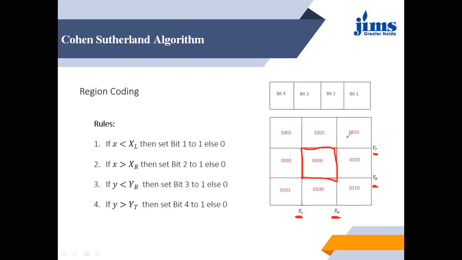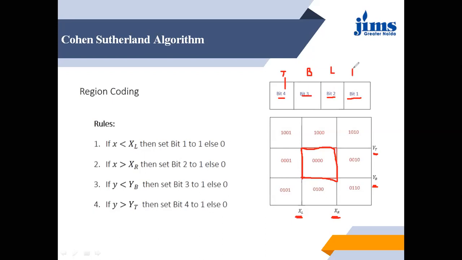We have to find out the codes of the other regions, these different regions. We can assign the codes using 4 bits, bit 1, bit 2, bit 3, and bit 4. These bits store whether the region is on the top, the bottom, the left of the window, or the right of the window.